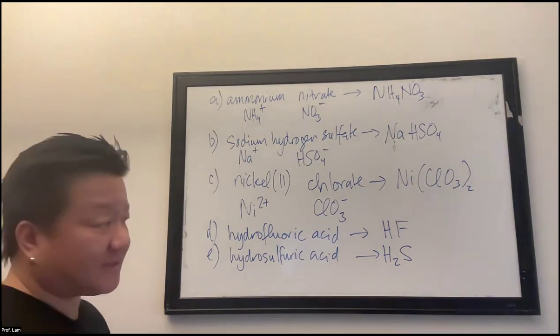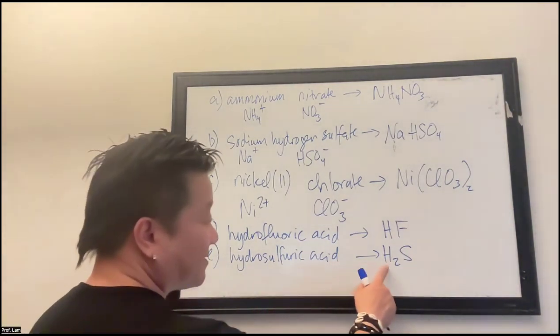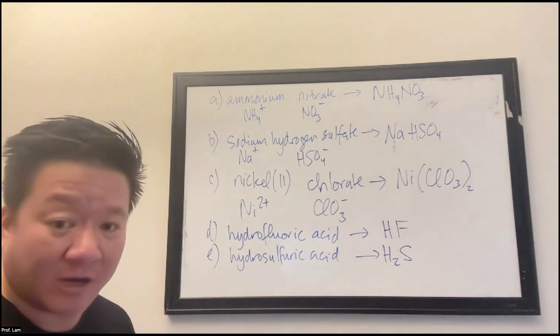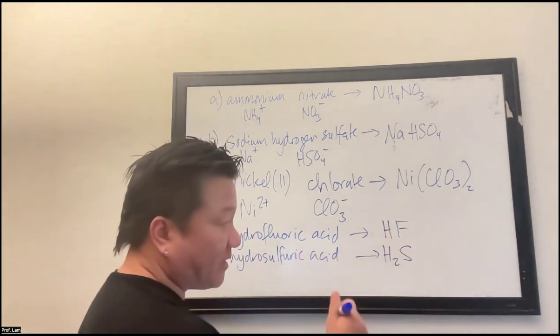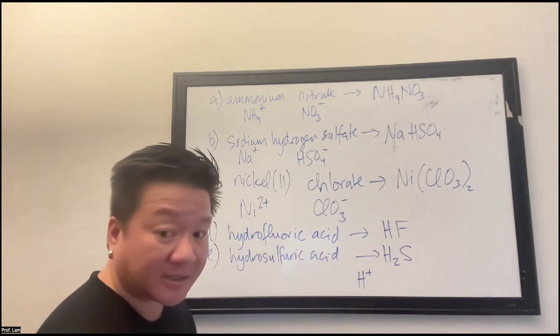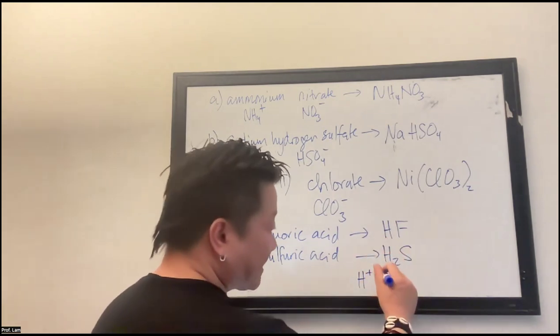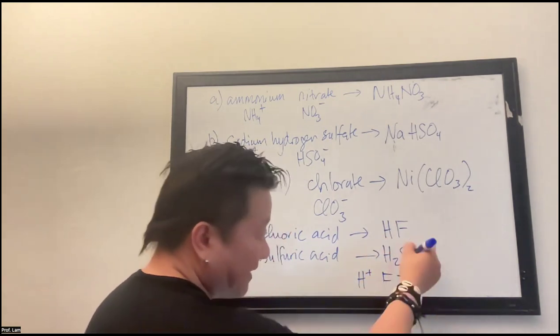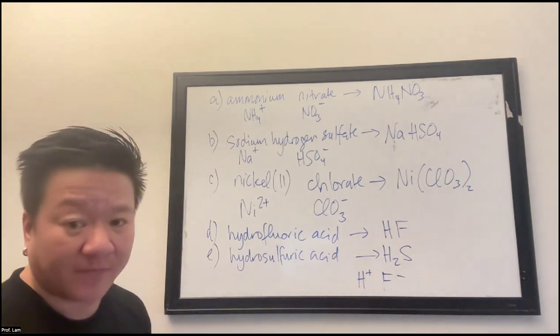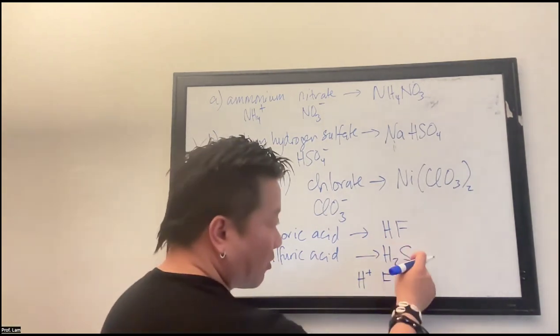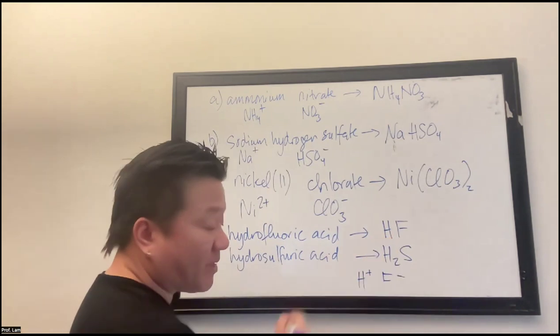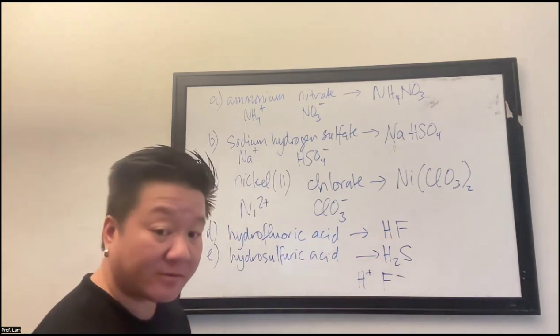So hydrofluoric acid is HF, but hydrosulfuric acid is H2S, okay? Again, remember, the H is actually an H plus, right? And so it's counterbalancing the anion, right? So figure out what the anion is, and you'll know how many protons you need to put in front, okay?